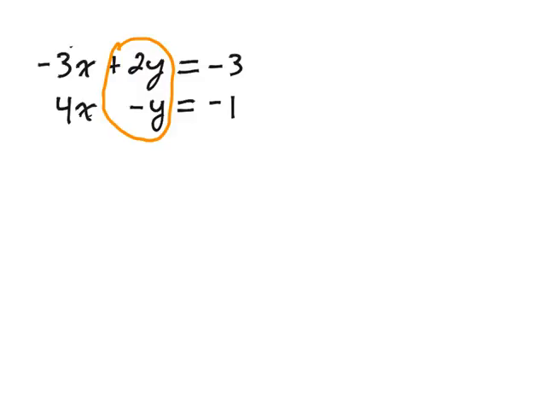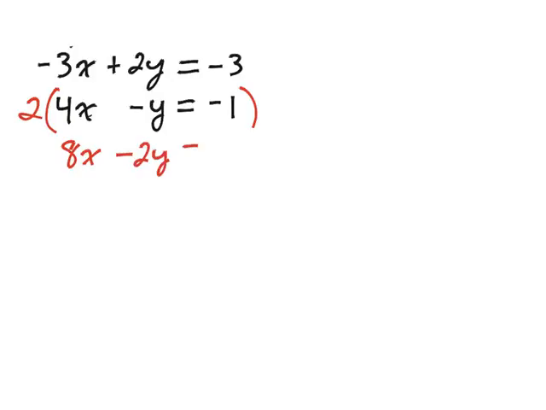If only this second equation had a negative 2y, then we'd be in business. That's very easy to solve because all we have to do is multiply this second equation by 2, and that will give us what we need. So 2 times 4x is 8x, and 2 times negative y is negative 2y.